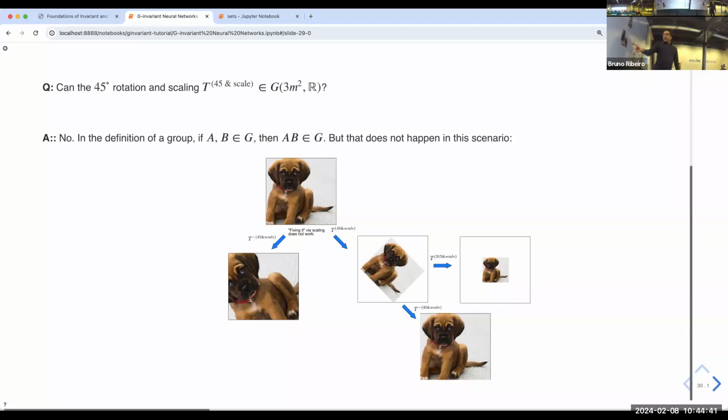If I apply scaling down, what we are thinking is, oh, I could scale down and then scale up again. But the problem is the scale-up transformation is not in the group, so you cannot apply it directly to the image. And with the scale and rotation, now you cannot invert this. So for this type of input, the scaling can't be done.